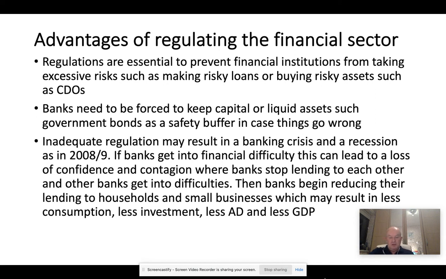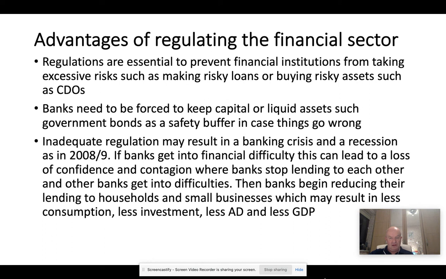Some of the issues that are also worth bearing in mind then, and some of the advantages of regulating the financial sector include the 3 bullet points that are included there. So in some instances this regulation is designed to try to prevent financial institutions from taking excessive risks. If you look back at some of the issues around the previous financial crisis, a lot of it was down to banks taking excessive risk and charging high levels of interest because of the risks that they were taking.